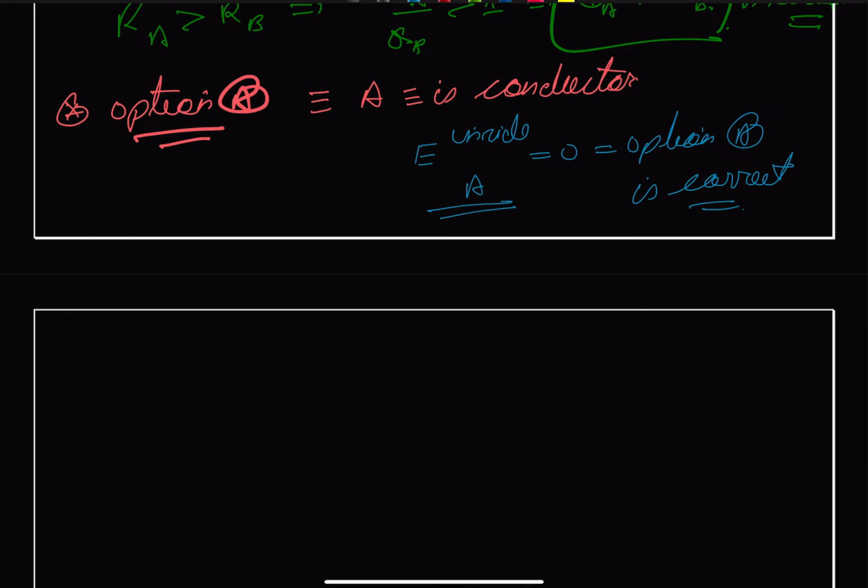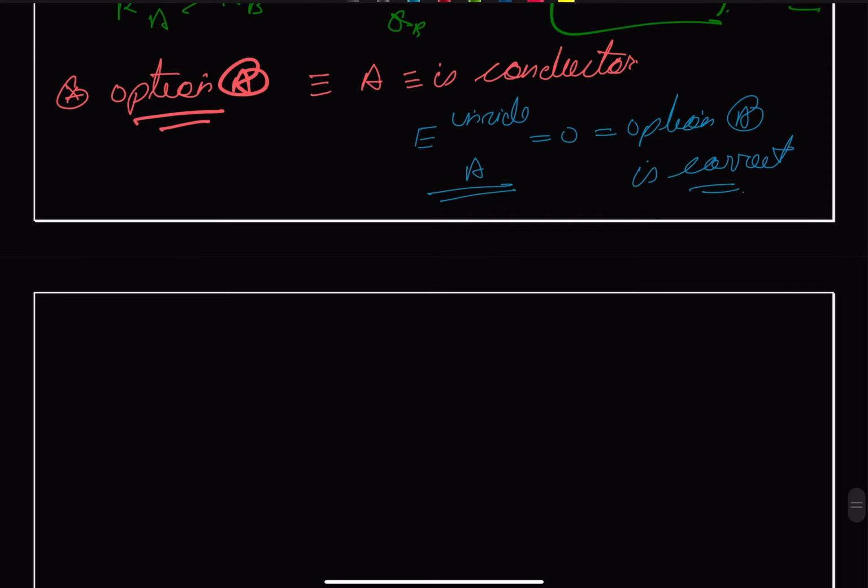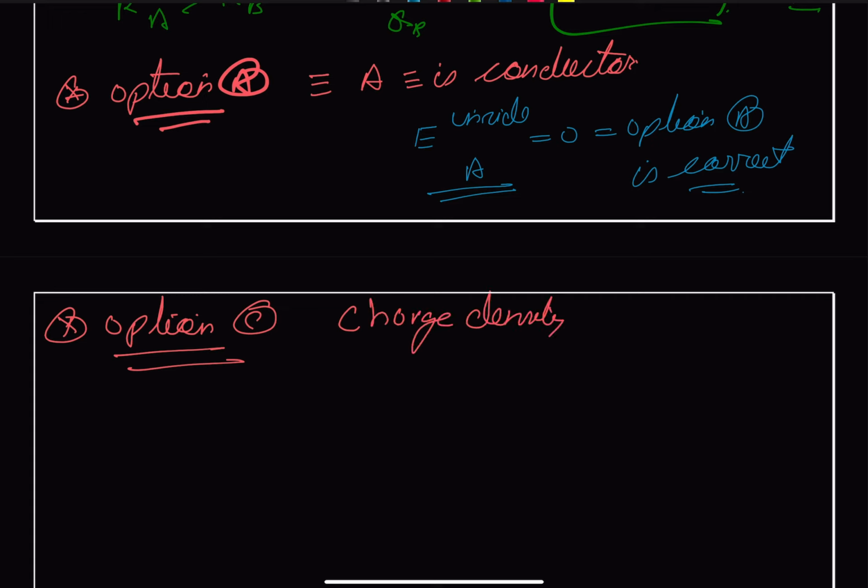Option C, we are interested in charge density. We have our charge density, that is sigma is equal to total charge divided by 4 pi r square. So we can divide into sigma A and QA, sigma B and QB.